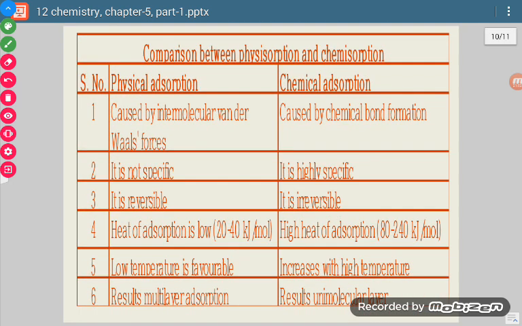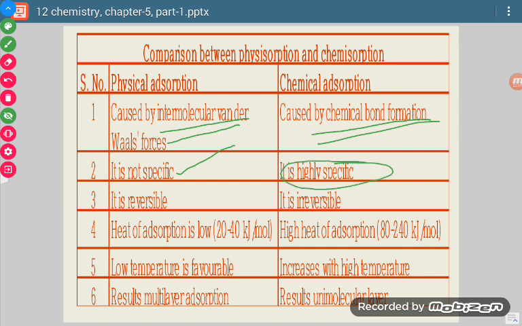Okay. Now let us differentiate physisorption and chemisorption. See, physical adsorption is caused by weak van der Waals forces of attraction. Chemical adsorption is caused by chemical bond formation. Physisorption is not specific. Not specific means it can occur anywhere. Any metal can undergo physical adsorption with any gas. Okay. But chemisorption is highly specific. Why is it highly specific? Because to form a chemical bond, the two things should be able to form a bond.